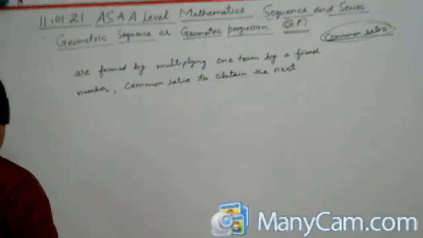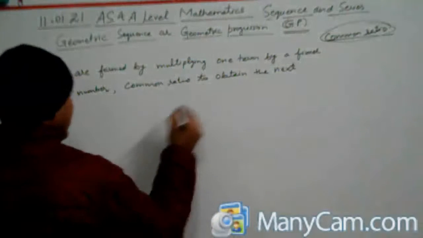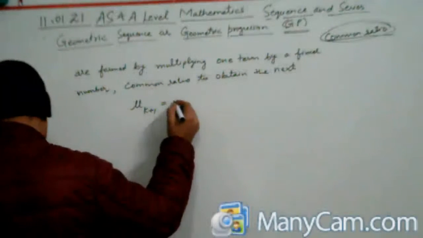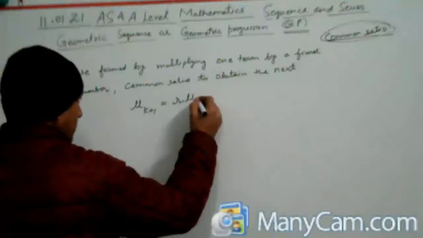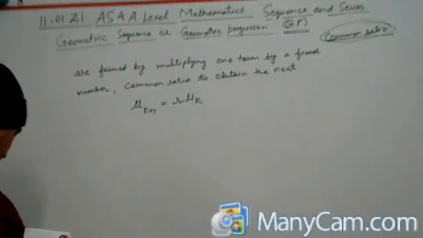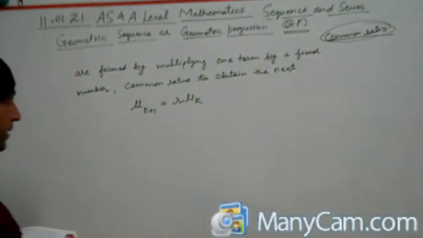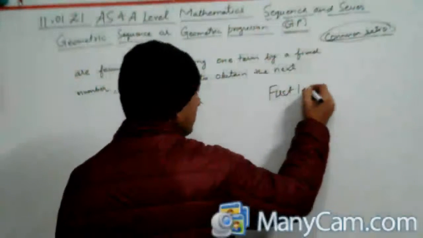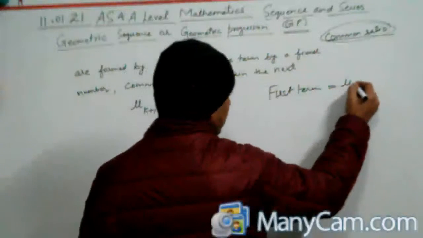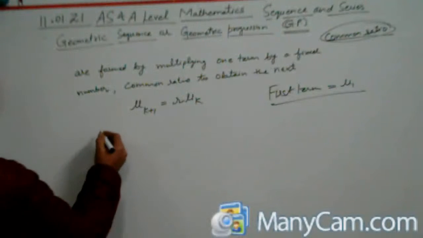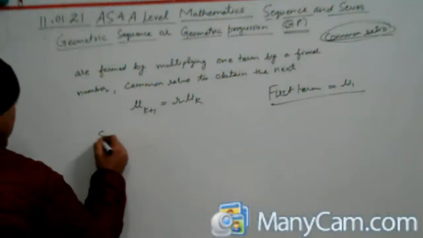So this can be written as u k plus 1 is equal to r times the kth term, with the first term being u1. Here we will discuss the sum of the terms of a geometric sequence.